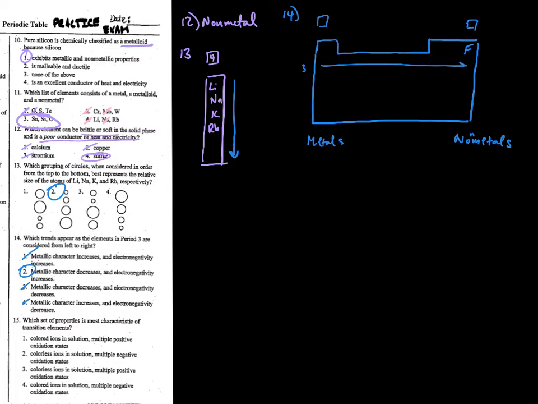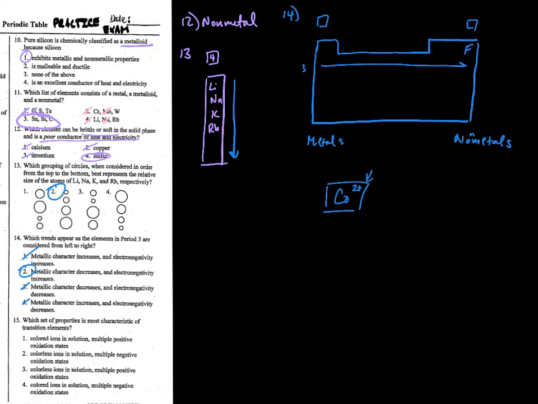Number 15. Which set of properties is most characteristic of transition metals? Colors, for sure. Now if you look at their oxidation states, let's look at cobalt as our example. That means you look at this top right corner, and then you'll see if it's positive or negative.